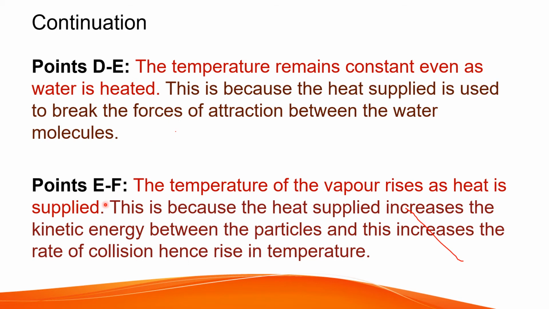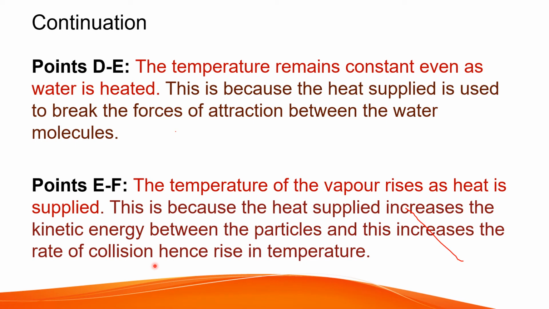Then at point E to F, the temperature of the vapor rises again. Why? This is because the heat supplied increases the kinetic energy between the particles, and this increases the rate of collision. Why are we talking about collision every time? We have said that matter is made up of particles, and those particles are in constant random motion.